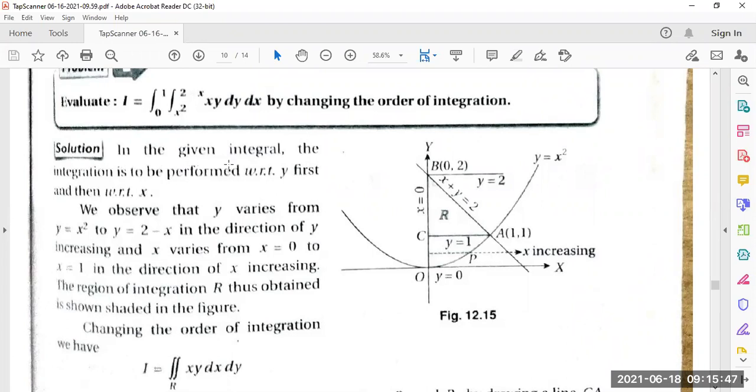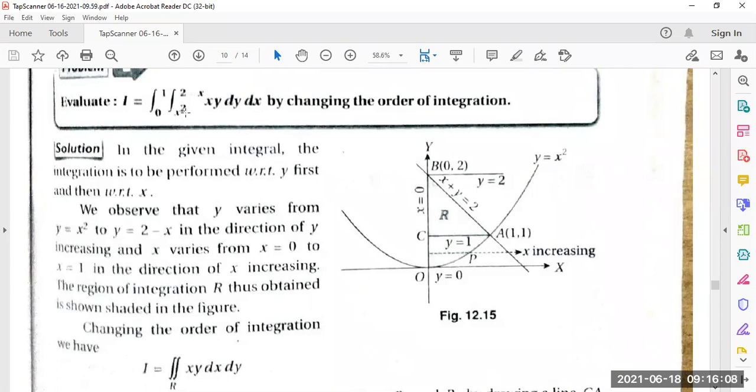Now look at here. In the given integral, the integration is to be performed with respect to y first and then with respect to x. Because of that, dy is the first one, then dx. So we observe that y varies from y equal to x square to y equal to 2 minus x, right?